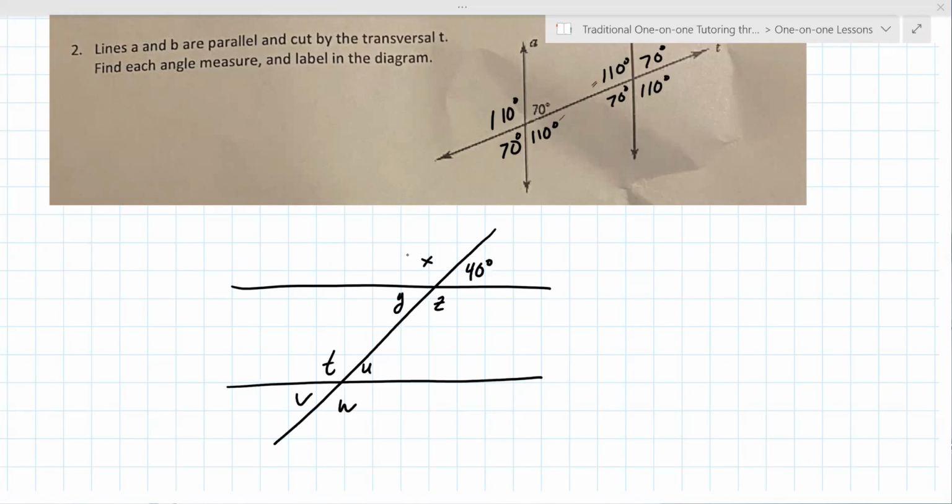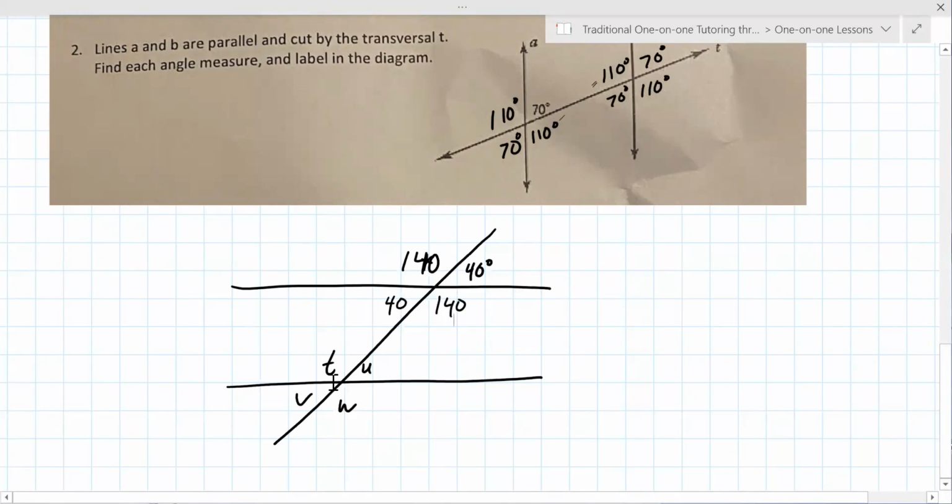So X is 140. We'll start putting them in here. X is 140. How about down here? That one is 40, and the other one's 140.